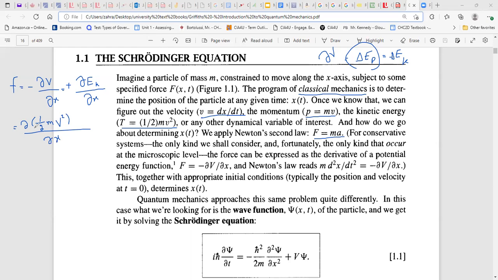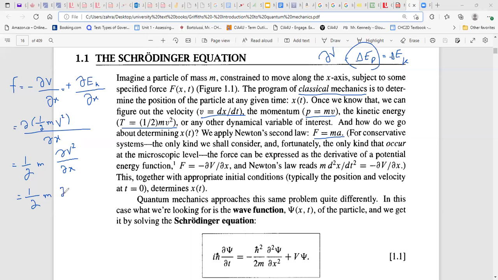Now, just taking the derivative of that, mass is constant, half is constant, so it can get out of this derivative. And I just have a derivative of v, which is my velocity, divided by the derivative of x. So the derivative of v power 2 is just the power rule: power in front, power minus 1.